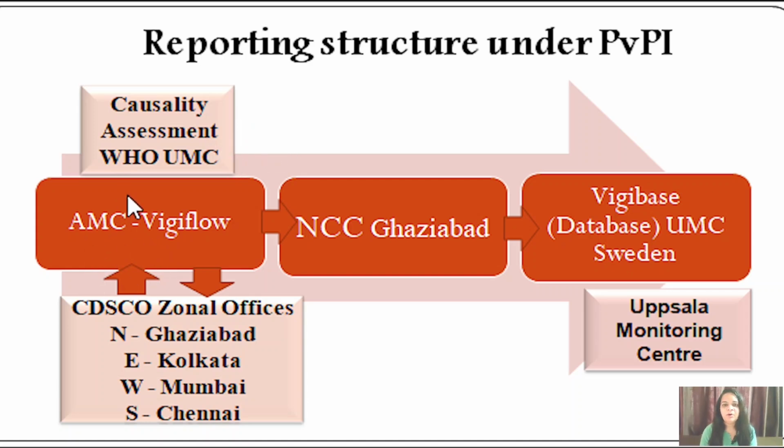The information about the adverse drug reaction ultimately reaches the NCC Ghaziabad, which further scrutinizes it, and ultimately this information reaches the Uppsala Monitoring Center, which is situated in Sweden, and the database is known as VigiBase. So this is the reporting structure for the Pharmacovigilance Program of India, from the ADR monitoring center ultimately to the international center for ADR monitoring in Sweden, the Uppsala Monitoring Center.